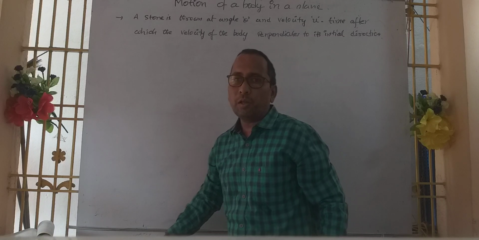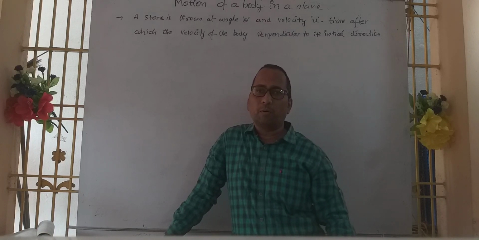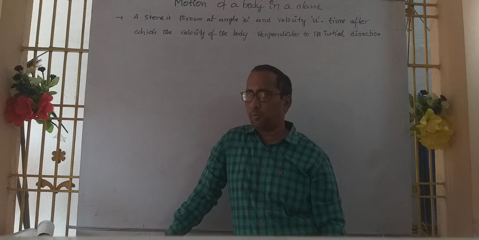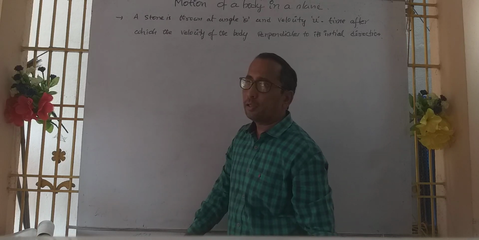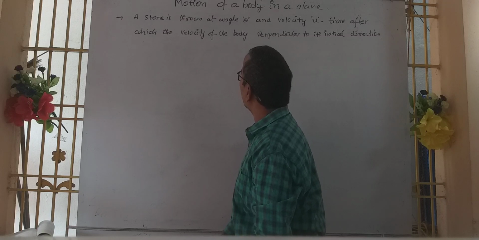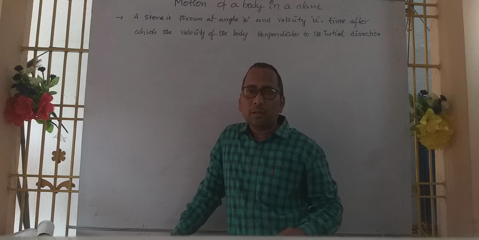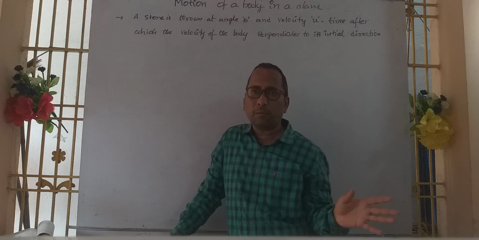This is a very important model, level 3 model problems, for JEE Mains as well as NEET. Problems like this: a stone is thrown upwards at an angle theta and with velocity u. Find the time after which the velocity of the body is perpendicular to its initial direction. That means a body or stone is thrown, it is going up.